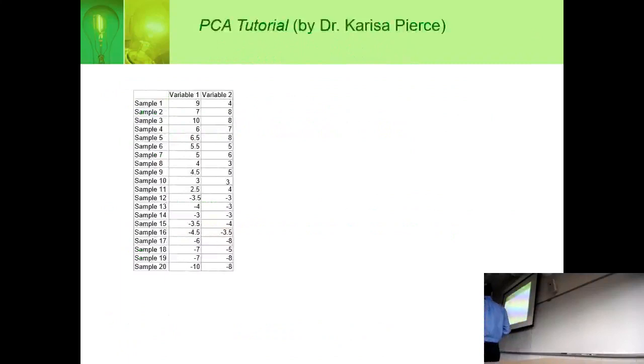So I actually got these slides from Dr. Pierce about what it is. And basically, if you have any kind of data, PCA is a way of organizing data. So if you have just a bunch of samples and you're measuring 2 variables, this is completely abstract. You have all these numbers, and I look at these numbers and I don't really see what's going on.